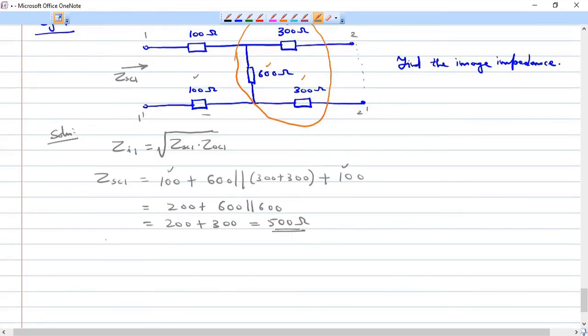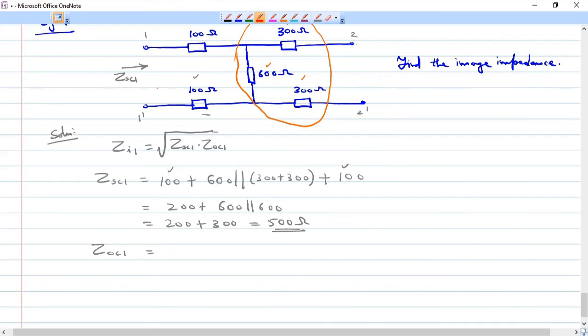What about the open circuit impedance at port 1, ZOC1? Now this side is opened, so we eliminate this one. You can remove this one.